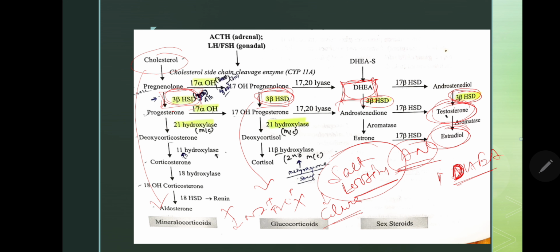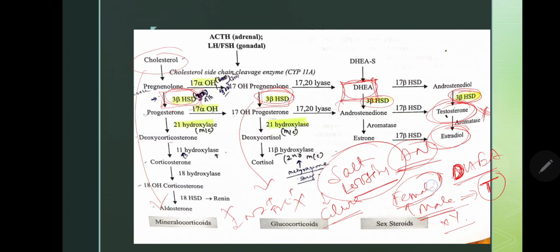And the female and male patients differ. The male patient, as I said, needs testosterone to develop the genitalia. So maturation of the genitalia of the male patient is impaired, as the testosterone hormone is not there. So the male patient looks like female. So genotypically it is male, but it looks like female. But in case of female, there is no need of testosterone hormone.